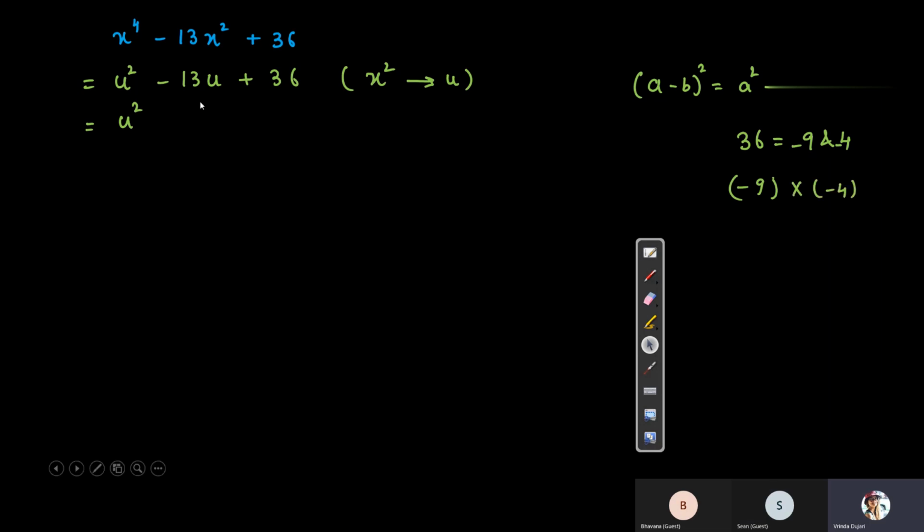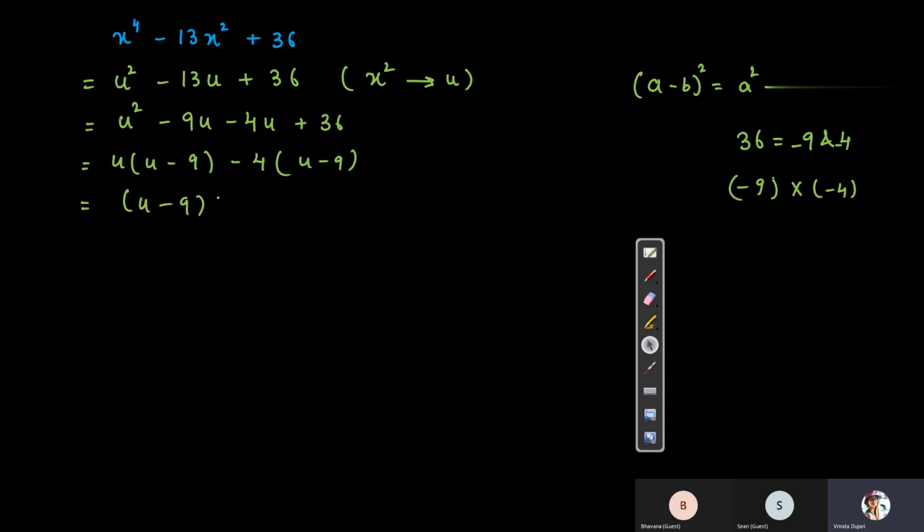So this can be written as negative 9u minus 4u plus 36. Factor out u, you'll get u minus 9. Factor out negative 4, you'll get u minus 9. And factoring out u minus 9, we'll get u minus 4. Till here it's clear?